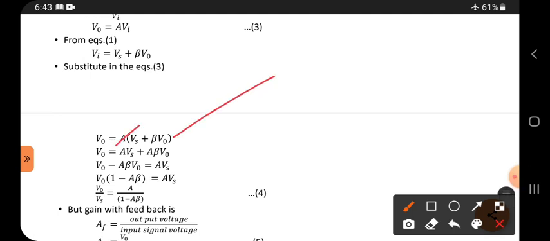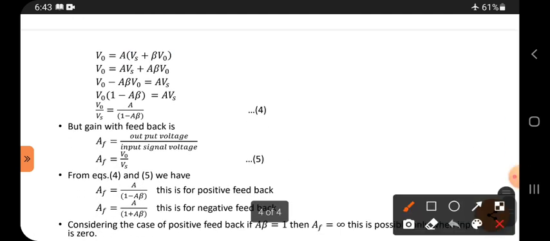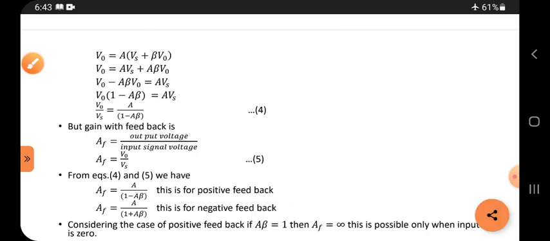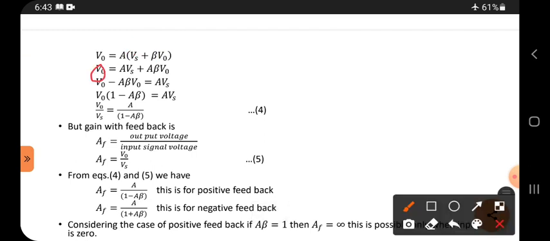Multiply A inside; it is multiplied with this one and with this also. Okay, so here on this side we have V0, so bring it to this side, so it becomes negative.